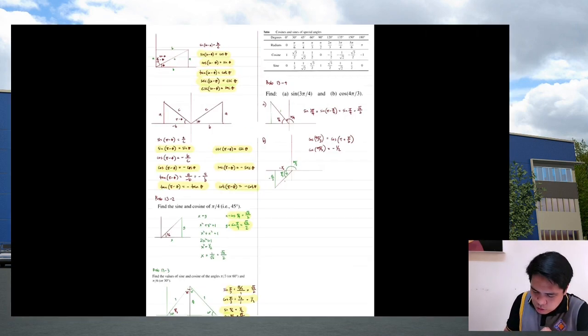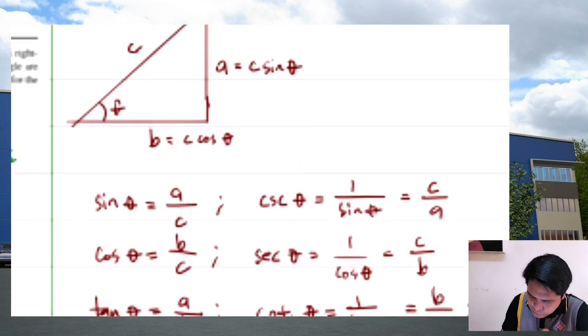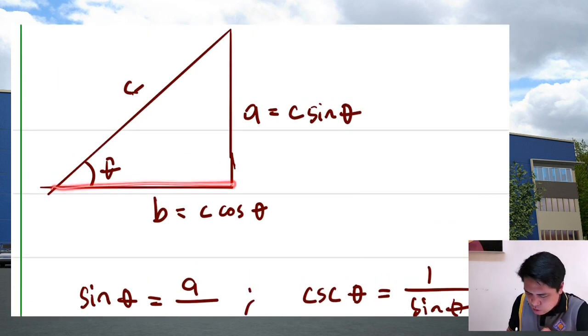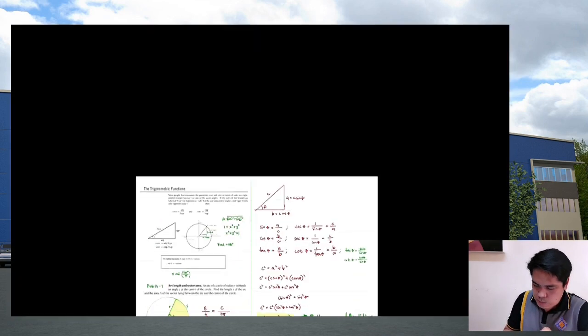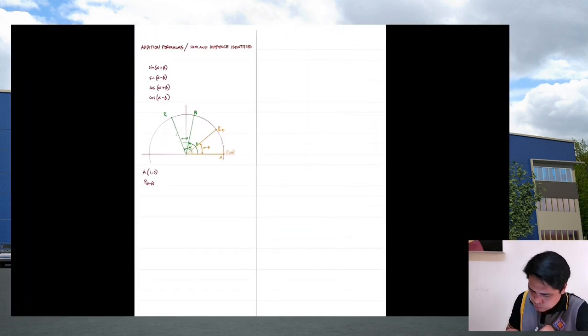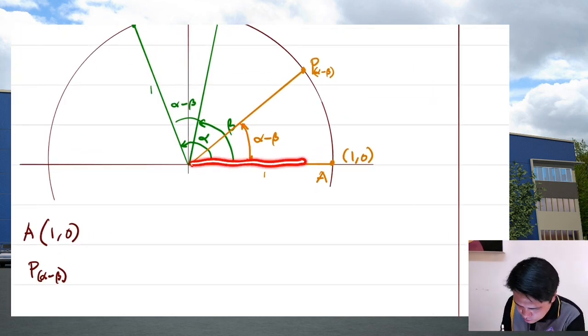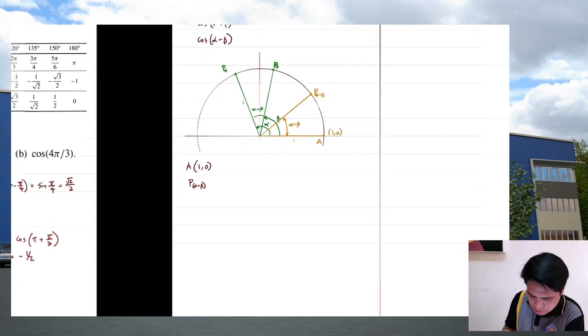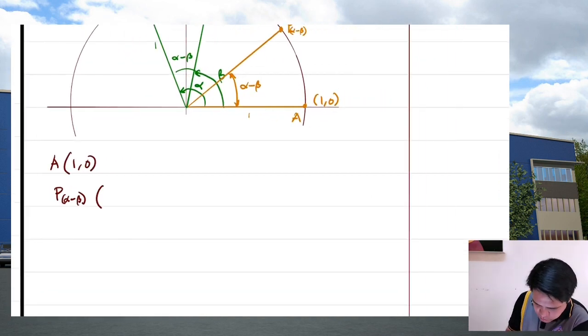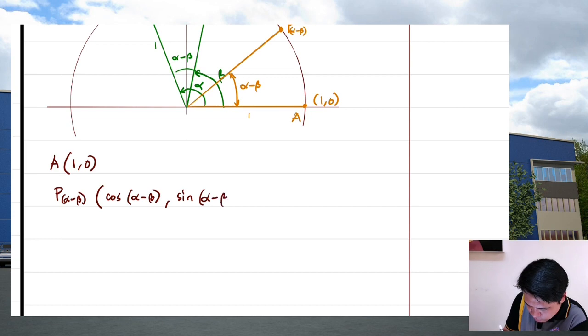This is C cosine. This is C sine. So, yung C natin doon is 1. So, that is 1 times cosine. Ito, 1 times sine. So, the angle here is alpha minus beta. So, this distance is cosine alpha minus beta. This distance is sine alpha minus beta. Ayan. So, the coordinates of this point is cosine alpha minus beta and sine alpha minus beta.